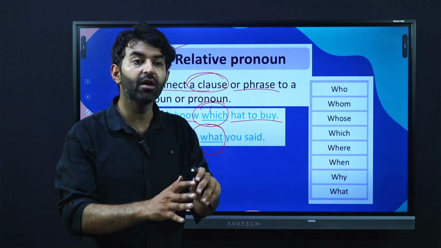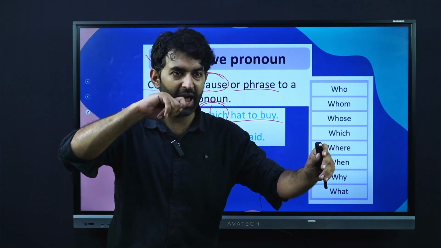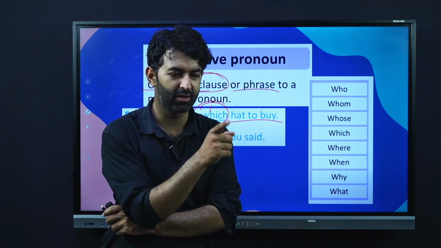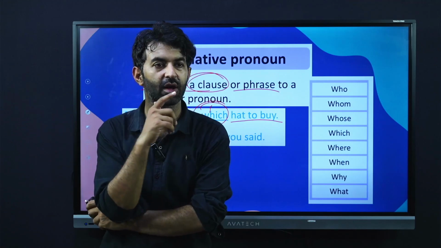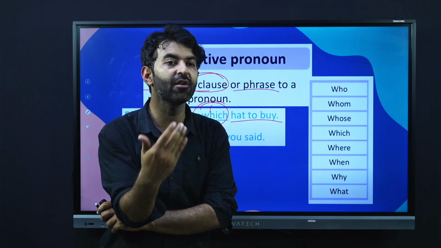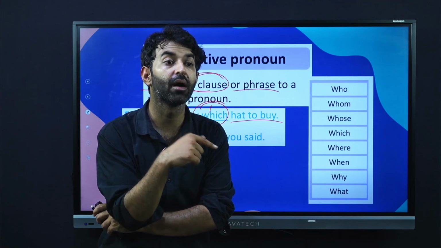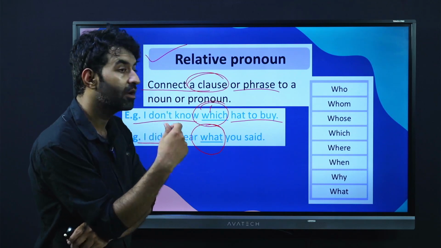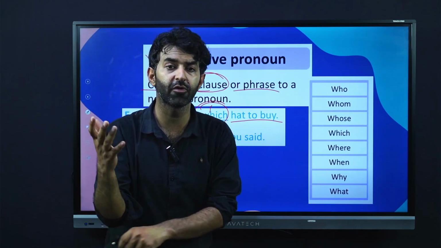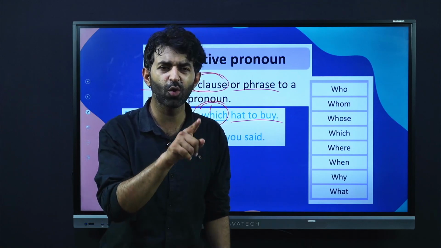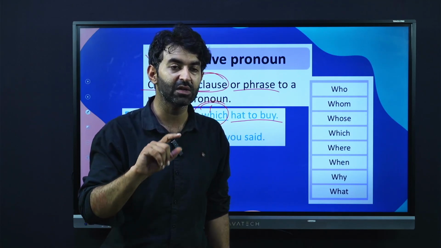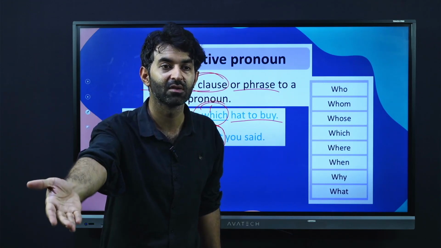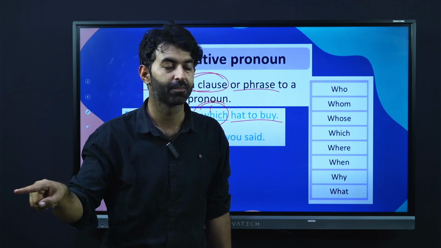Imagine there are four caps or hats in front of me, and I'm not sure which one to buy. This one, this one, this one, or this one. So what am I referring to? The hats, right? The word which is actually referring to the hats. I don't know which one to select.